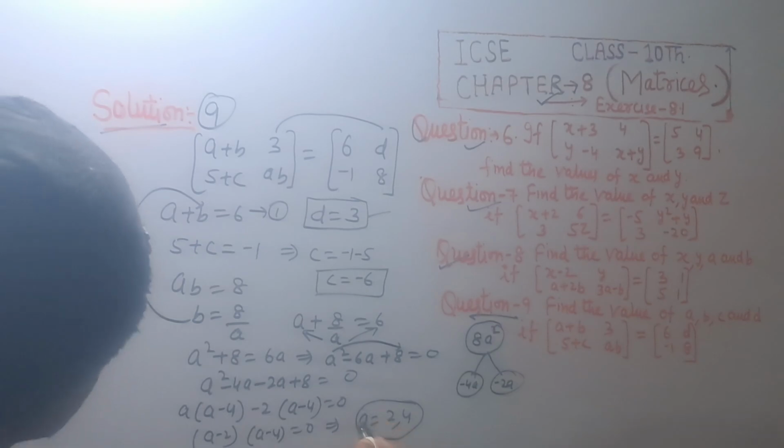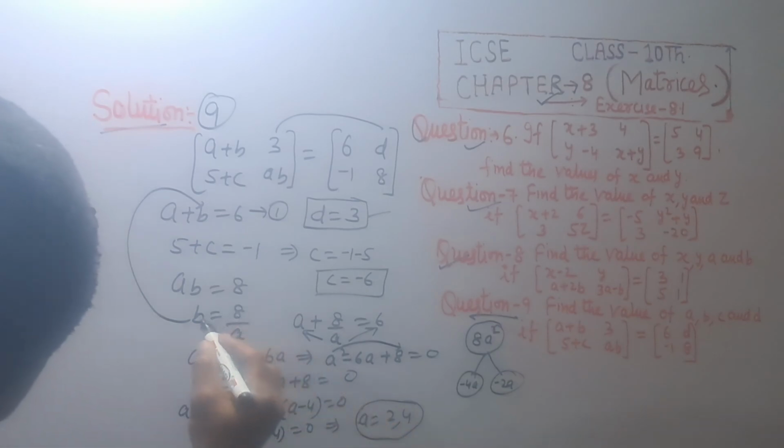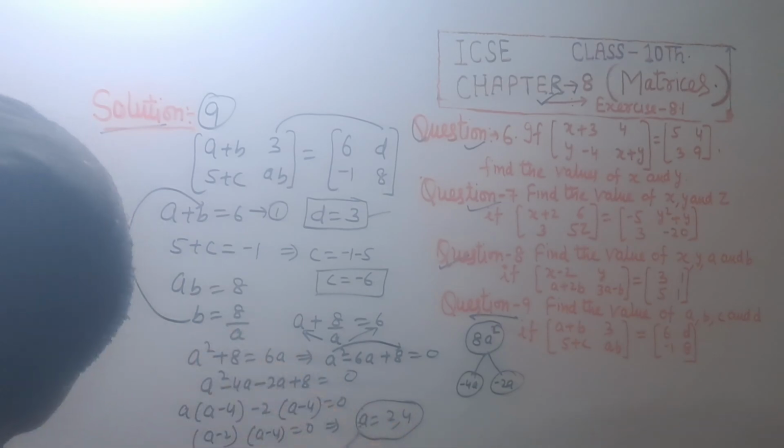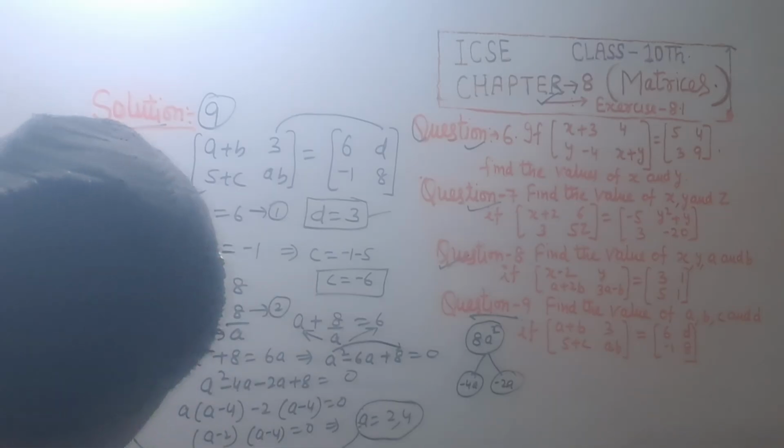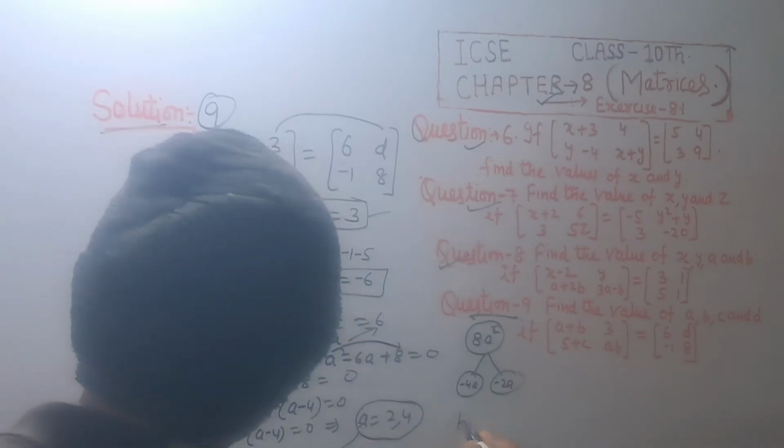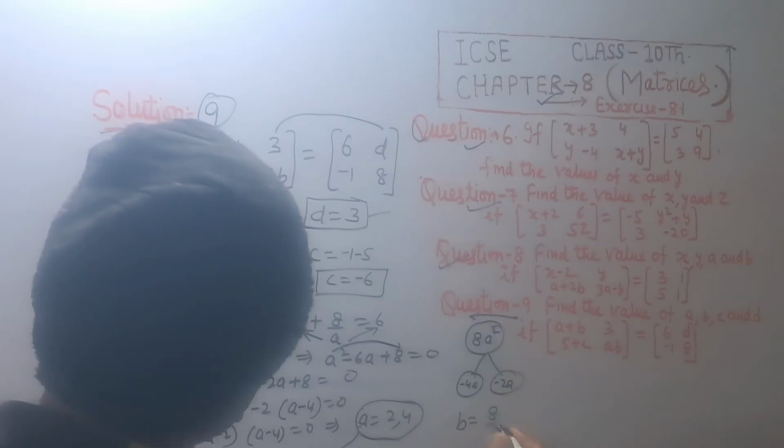We are putting a is equal to 2 in equation number second. Then b is equal to 8 upon 2, that is equal to 4.